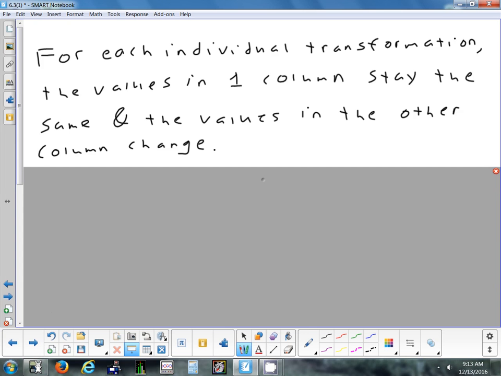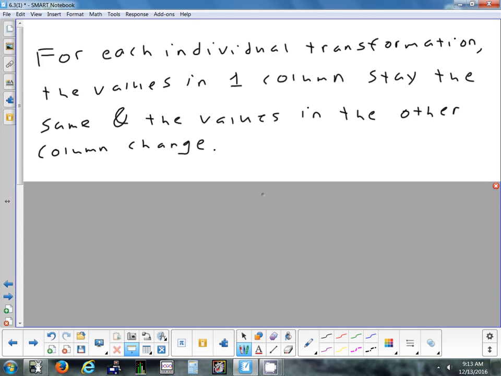As I said, we're going to do individual transformations today and tomorrow. On Thursday, we're going to combine them. I might give you a problem that says, take cosine and stretch it, shift it to the right 1 unit, and then shift it down 4. We'll combine multiple transformations together. But not till Thursday.